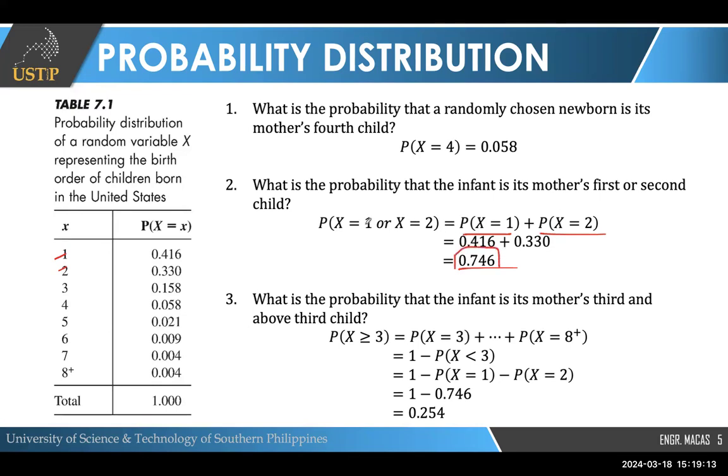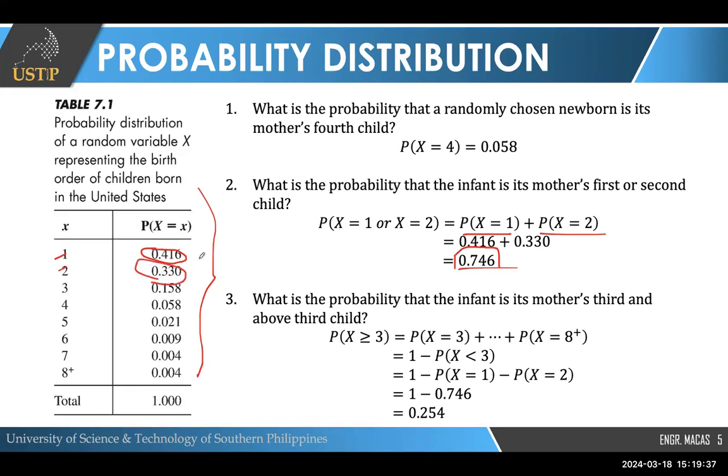So ang idea ani class is you get the idea ba? Kung mag-choose ka randomly sa population, gikan ani nga population of data, what's the probability nga imong makuha or imong ma-choose nga infant is first or second child? Kung tan-awon sa table, dako kaayo ang probability nga first child siya kay naa siyay 0.416, di ba? And sa second child 0.330.